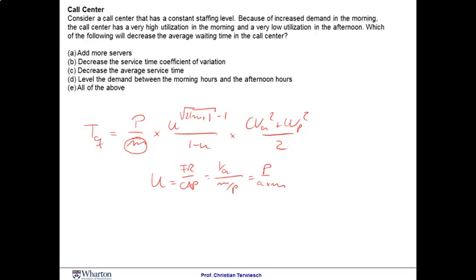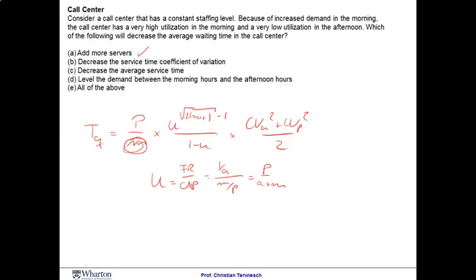So if you're taking the sensitivity analysis, the derivative of T_q with respect to m, you cannot just look at this term. Also, u is changing as you're adding servers, but either way, adding servers is a good thing. It will shorten the waiting time.